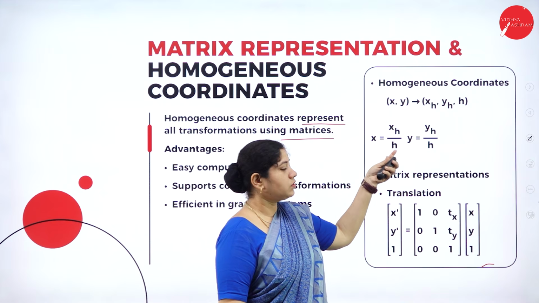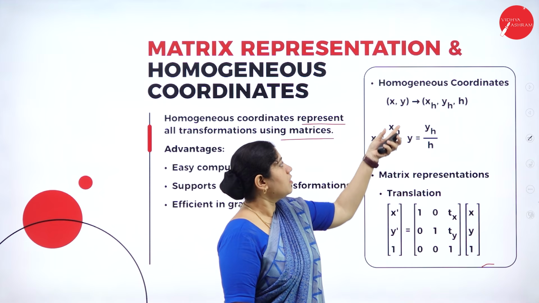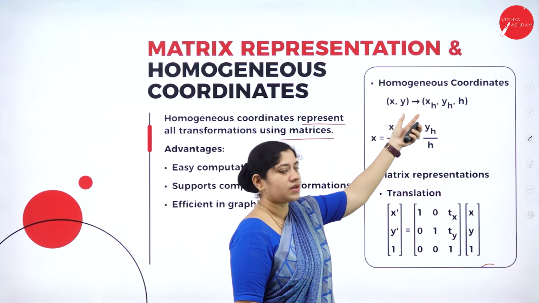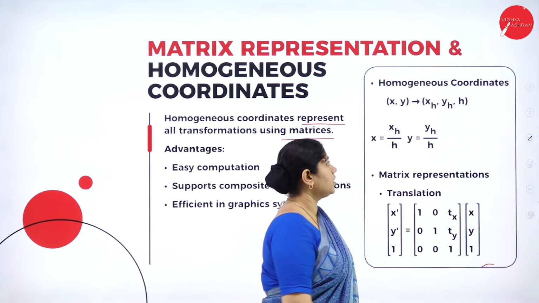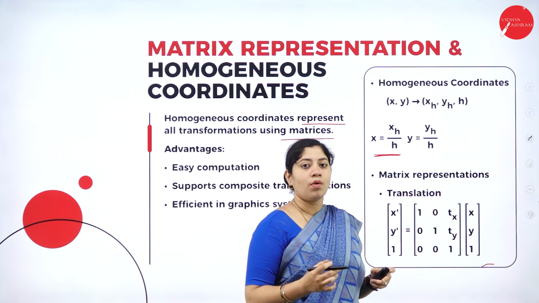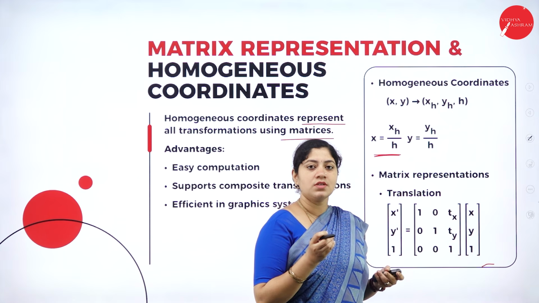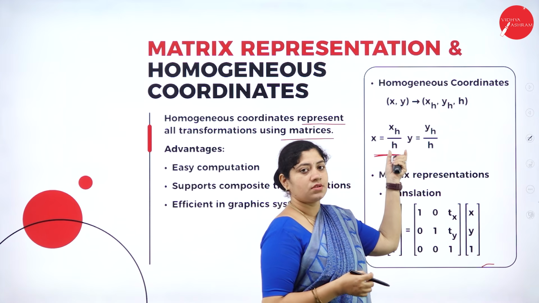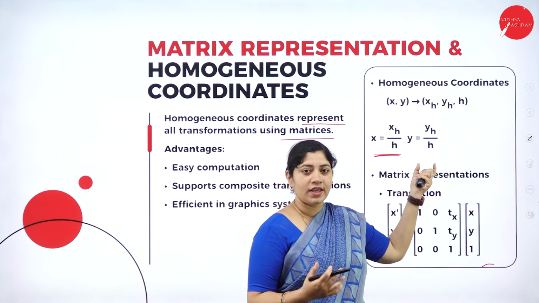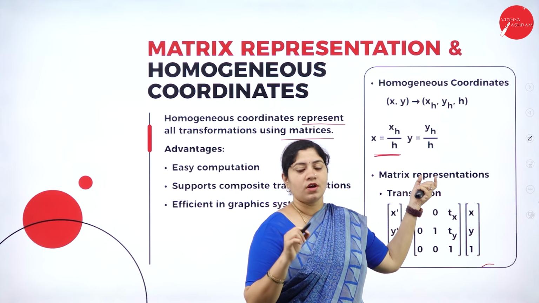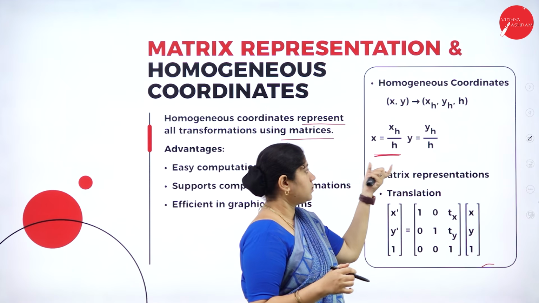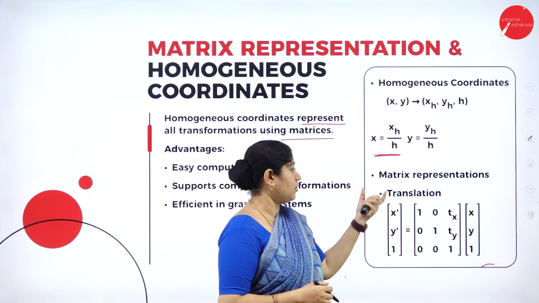Now let's see how the matrix is considered. For example, the homogeneous coordinates for the x y plane are considered as xh, yh, h. Now, what is this x? The x is formed by taking the homogeneous coordinate of x divided by the h coordinate. With respect to y, it's the same thing: the homogeneous coordinate of y divided by the value of h. So these are the x and y values.